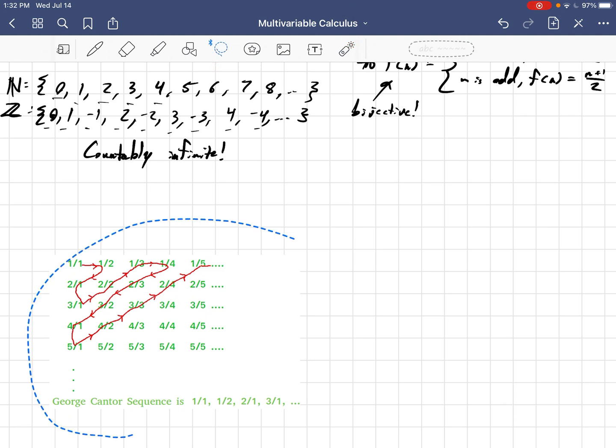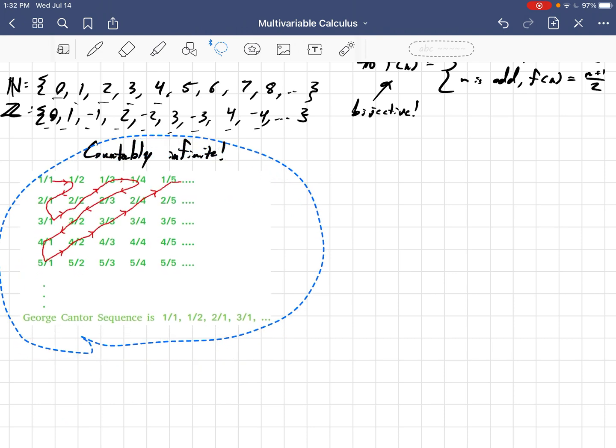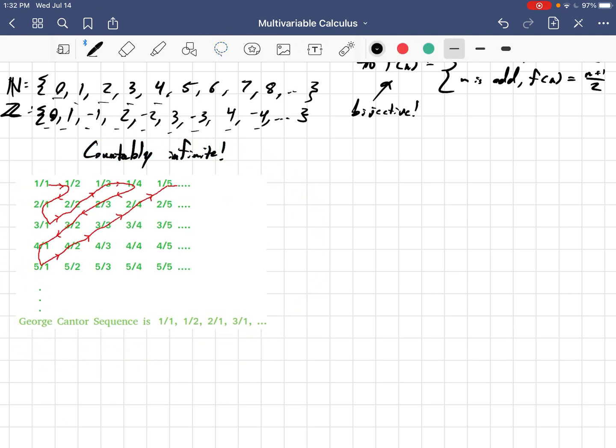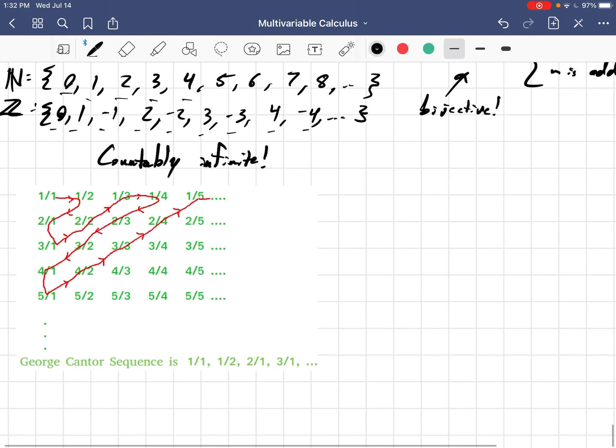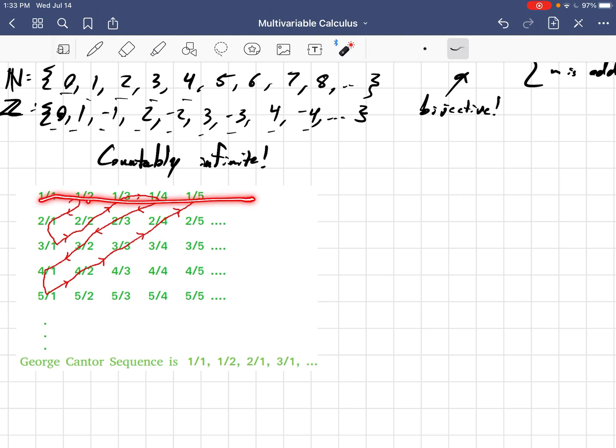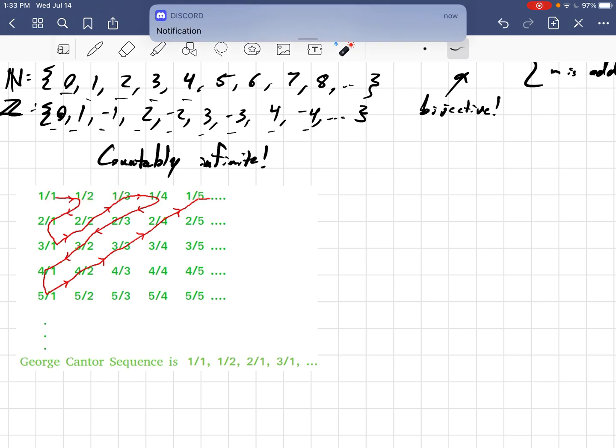I didn't want to try to draw the arrow myself, so I did get a picture. But the way it works is pretty simple, right? We start with 1 over 1, and then on each row, we just add 1 to the denominator. So 1 over 1, 1 over 2, 1 over 3, 1 over 4, 1 over 5, so on.